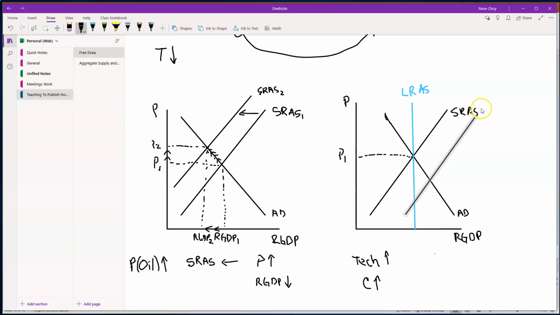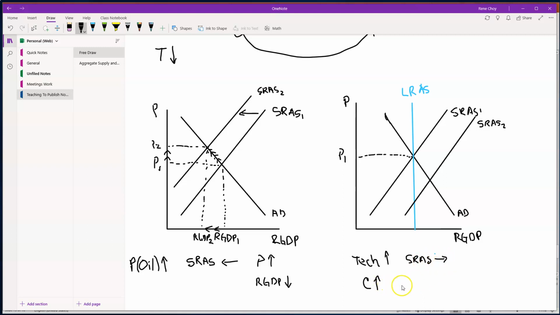So we'll go from short-run aggregate supply 1 to short-run aggregate supply 2.